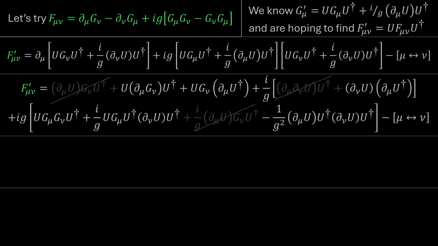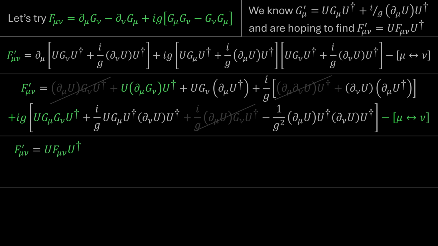Next up, what we'll go ahead and do is identify f mu nu in a u dagger sandwich. See, because check it out, if you look at these green terms, we've got partial mu g nu in a u dagger sandwich, we've got ig times g mu g nu in a u dagger sandwich, and then we have both of those minus the same thing with the spacetime indices switched.